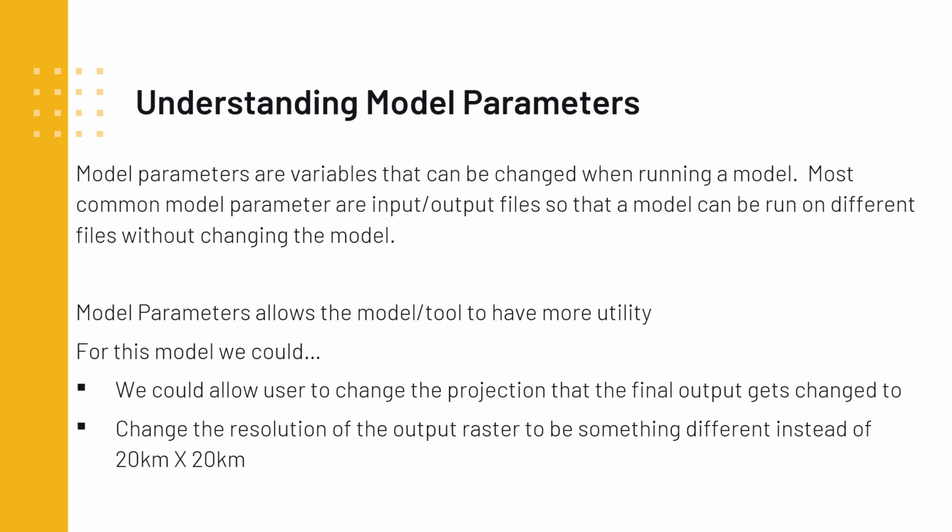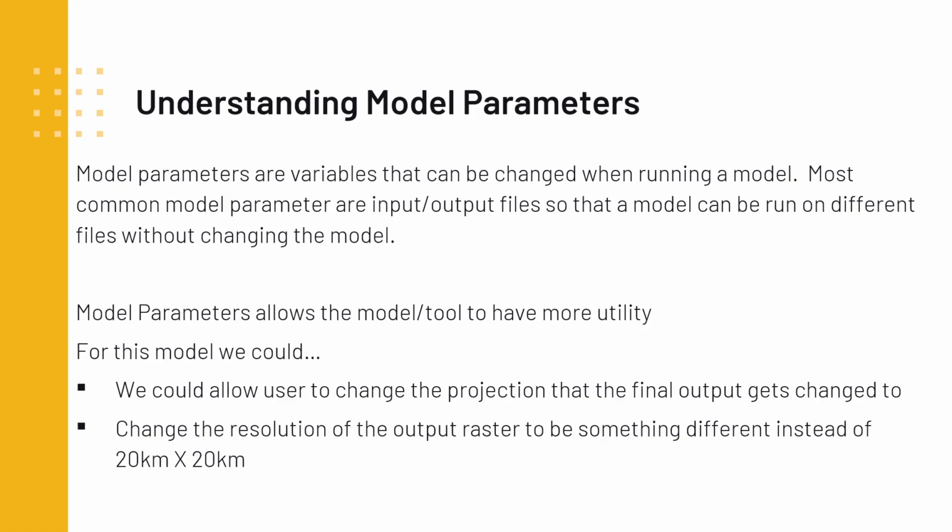For this model, we could, for instance, create parameters that would allow the user to change the projection of the final output. So by default, we've specified it's going to be in a Lambert conformal conic projection, but maybe you want to make a parameter that allows it to change it to any other different projection that the user would desire. We could also create a parameter to change the resolution of the output raster.